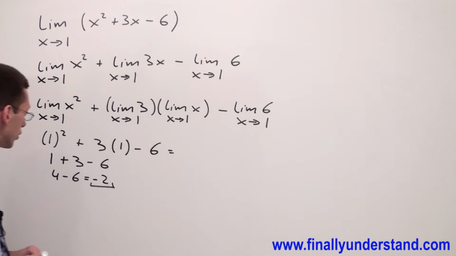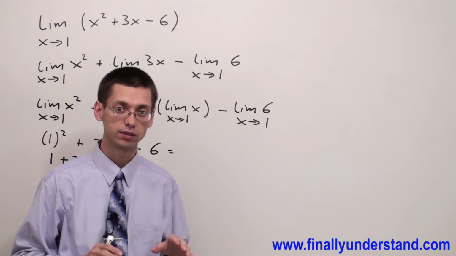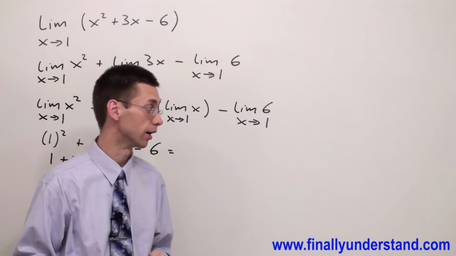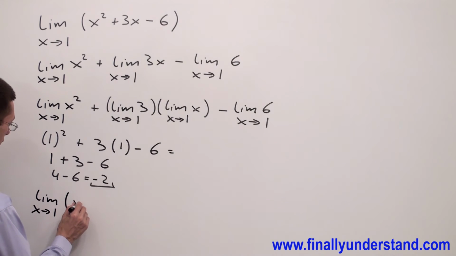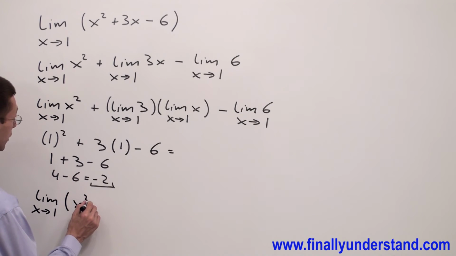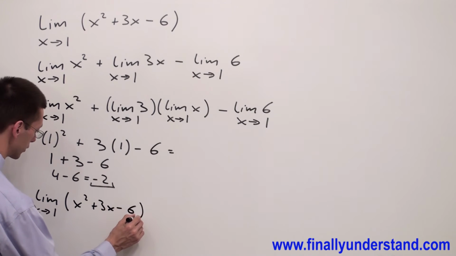There is a much shorter way to do it, but I just explained what is behind everything I'm going to do right now. So we have again the limit with x approaching 1 of x squared plus 3x minus 6.